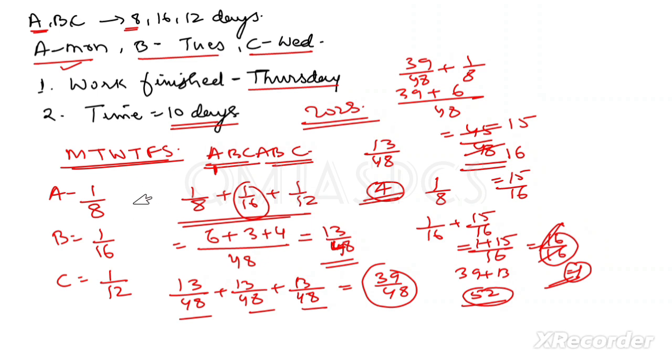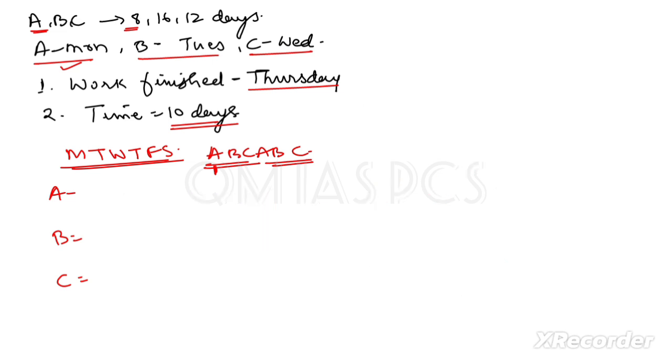So one method is to find the efficiency, whatever I have told you. In the next method, I am solving the efficiency thing in another way. Just look at this. They are taking 8 days, 16 days, and 12 days.